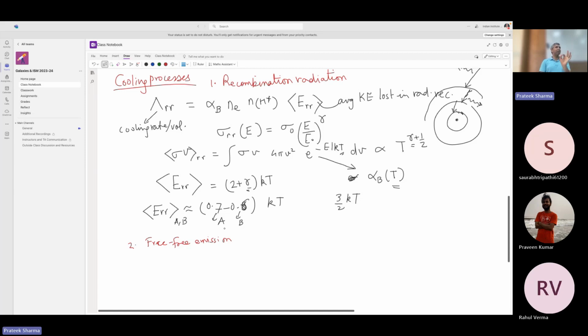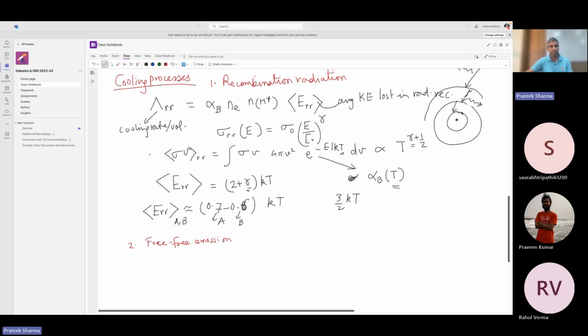Pay attention to that the microscopics of these different processes are different. Free-free emission does not involve any sort of atomic transitions. It's like a purely classical way of producing radiation. It's by accelerating electrons. Accelerating charges produce radiation.